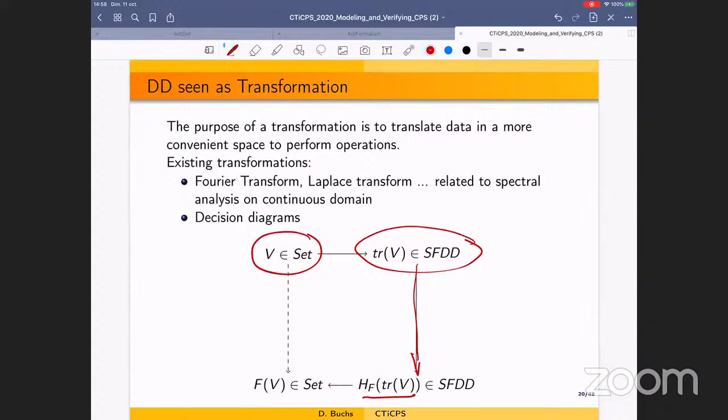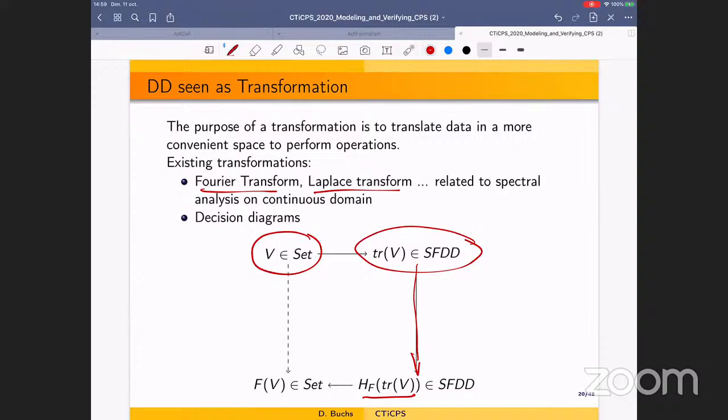So the idea is to show that this is a general principle that is already used in many mathematical tools. For instance, Fourier and Laplace transforms are similar, but the way they represent things is a little bit different.